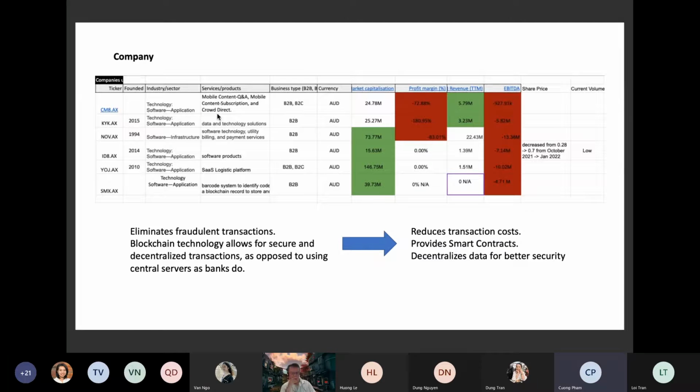When we talk about the capital, some financial indexes, we think the market capitalization is quite low compared to other technology. However, based on the useful function of blockchain, we think it can attract more and more investors from the world.